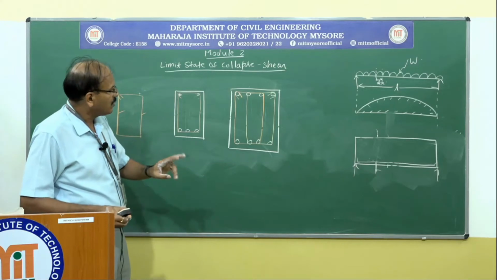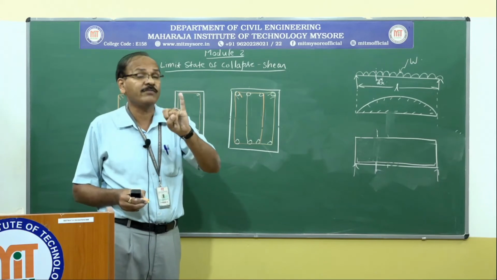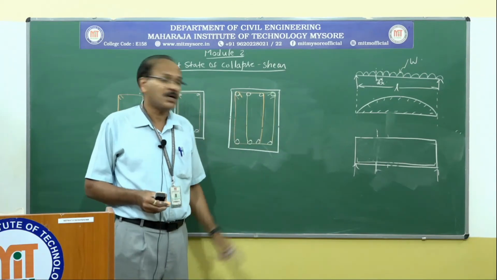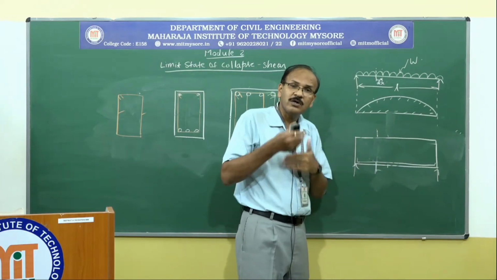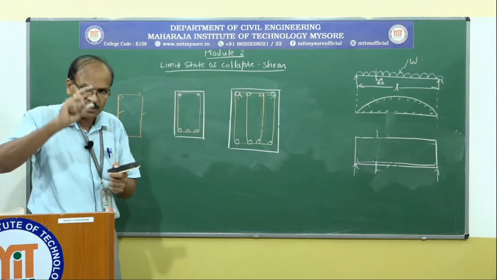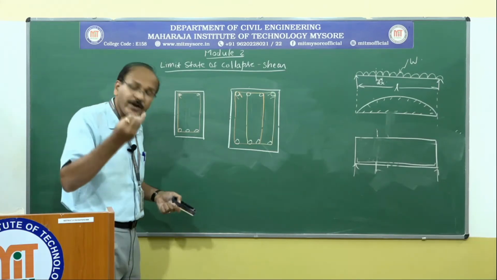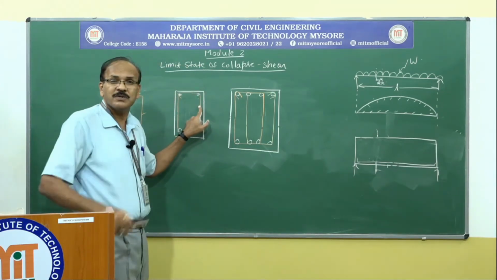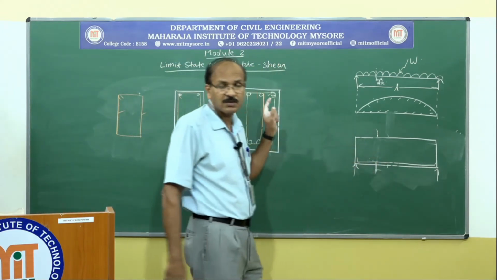In any RCC beam, the shear load is taken by concrete, then stirrups and bent up bars. And also if you are providing inclined stirrups, they also take some shear force. So these are the 4 components of an RCC beam that take care of shear: concrete, vertical stirrups, inclined stirrups and inclined bars.